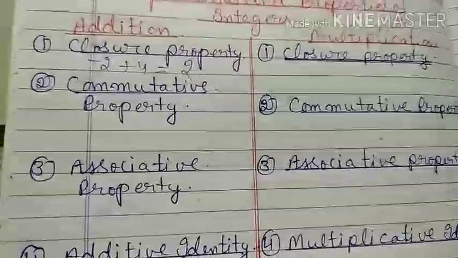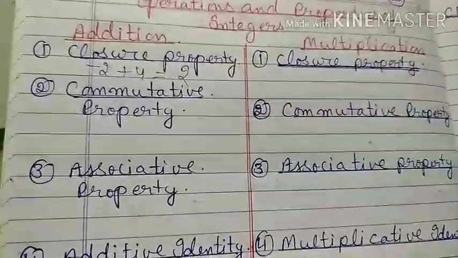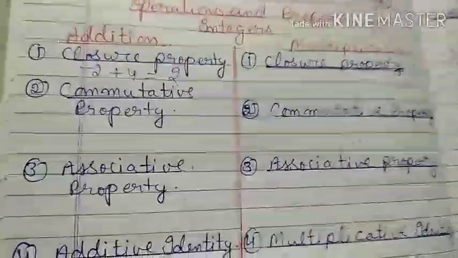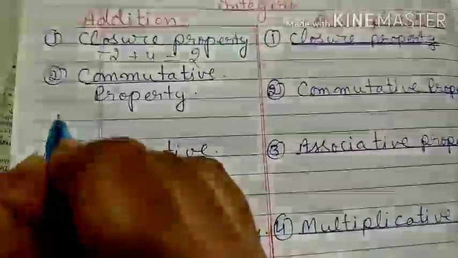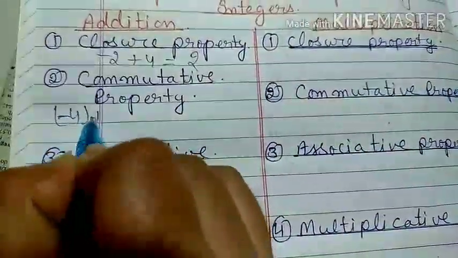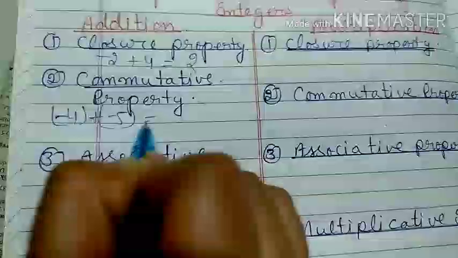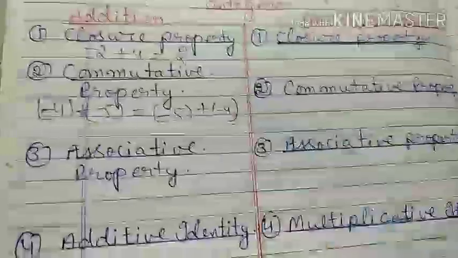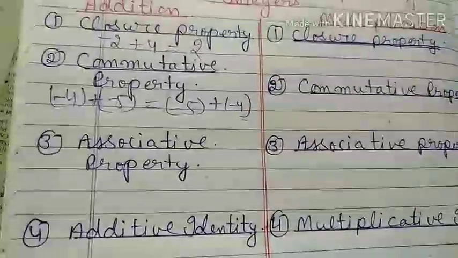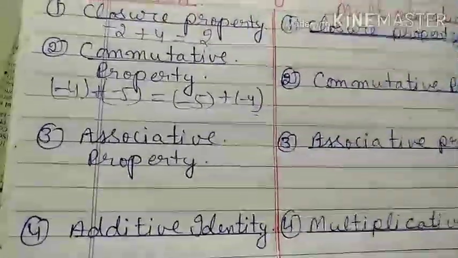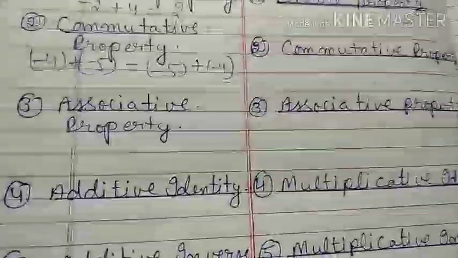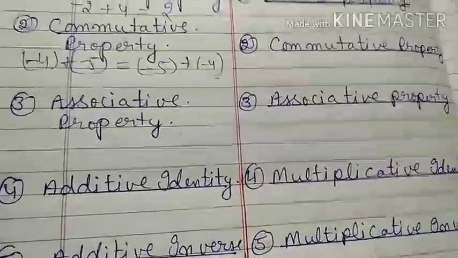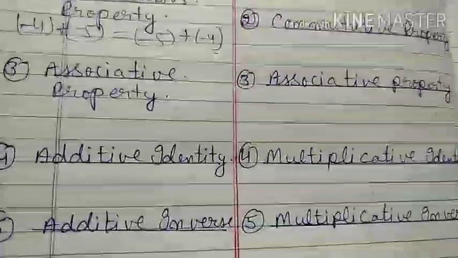Commutative property means if you add two integers in any order, your answer will be the same. If I add -4 plus -5 or -5 plus -4, my answer will be the same. So commutative property deals with only two numbers. Associative property means when you add three integers, grouped in any order, your answer will be the same.